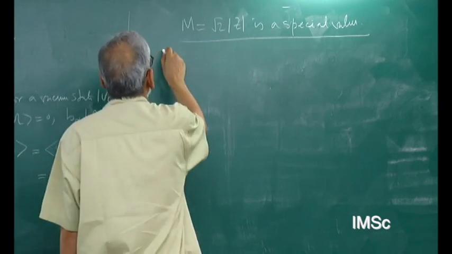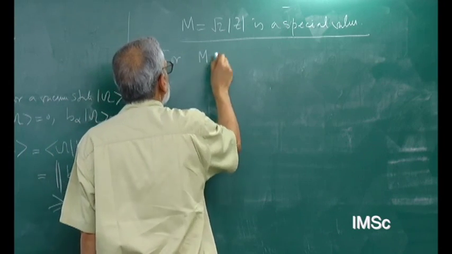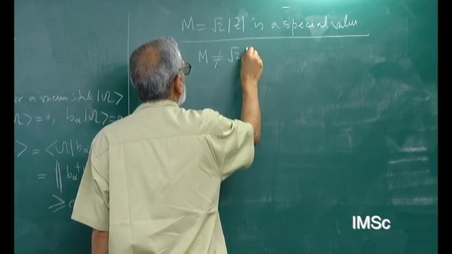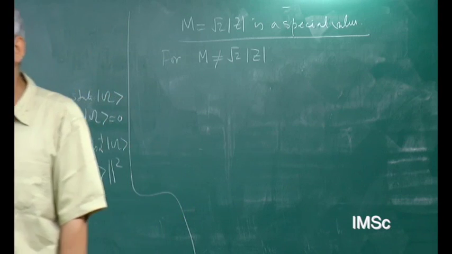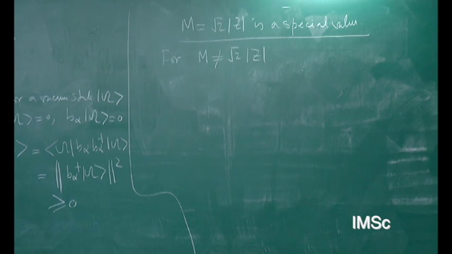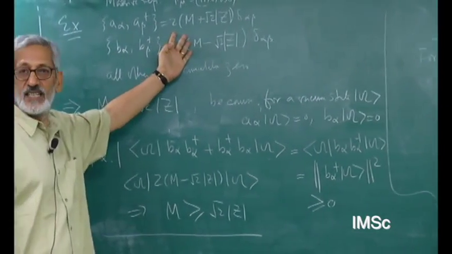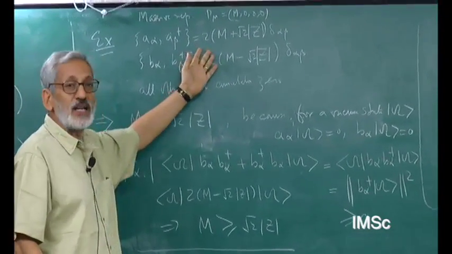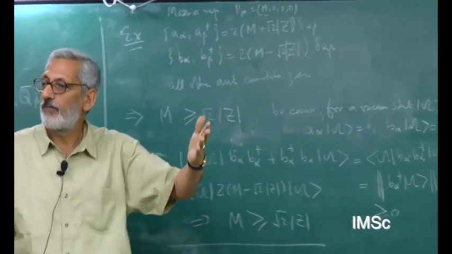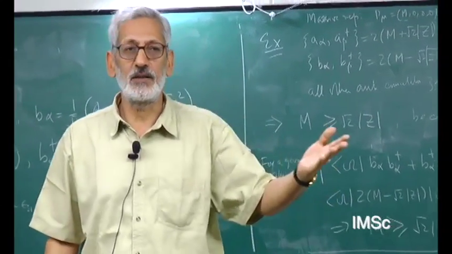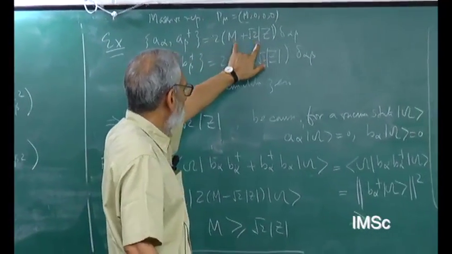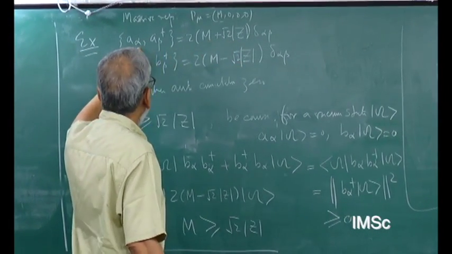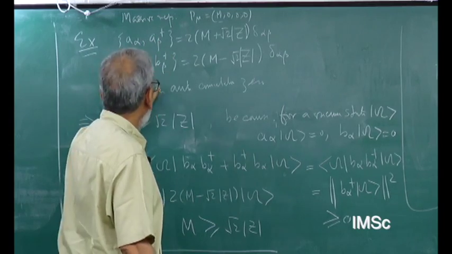But for m not equal to root 2 mod z, we can now set up a representation for this algebra. And it goes exactly the way that we had set up for massive particles without central charge. All I have to do is reorganize them, absorb this in the normalization of this.